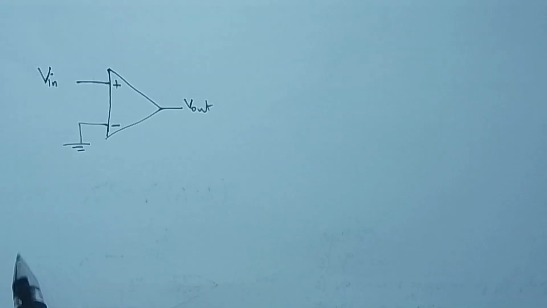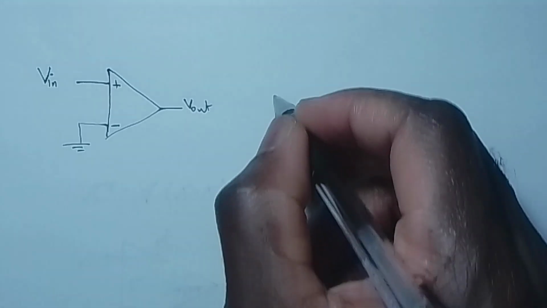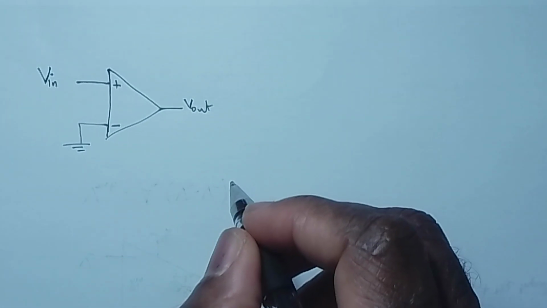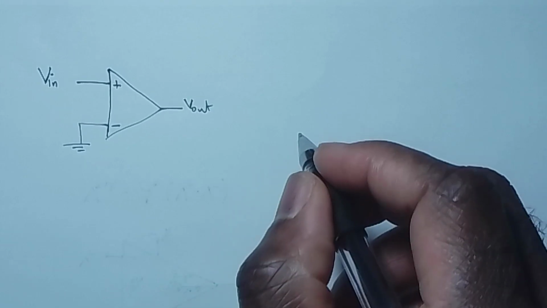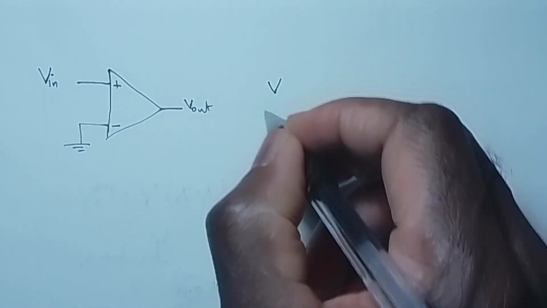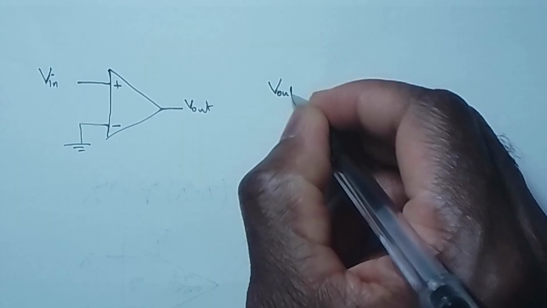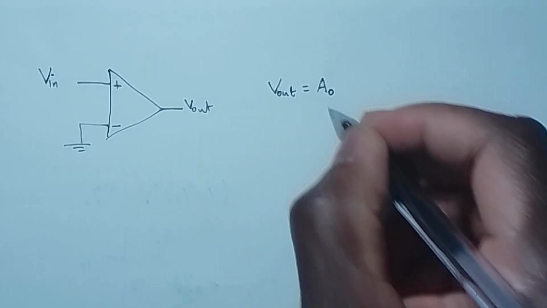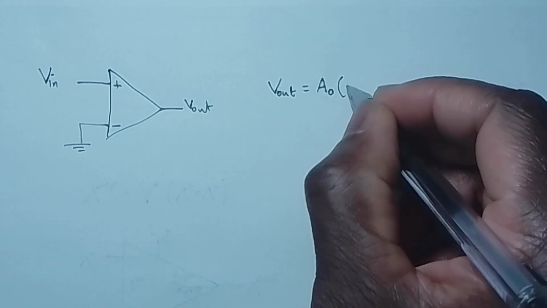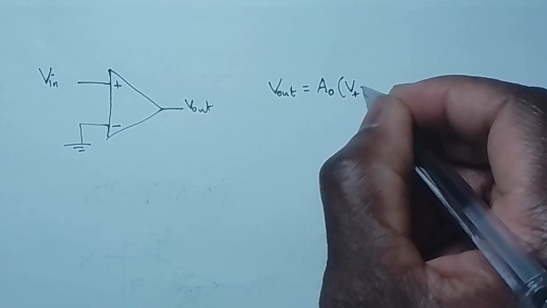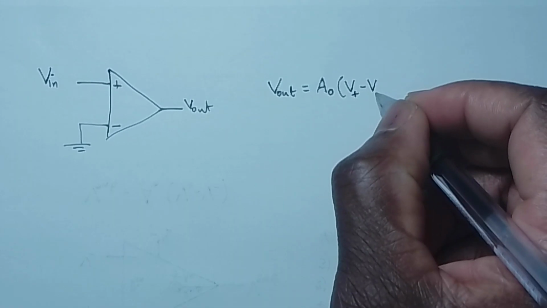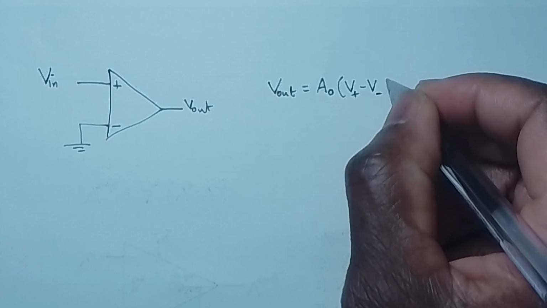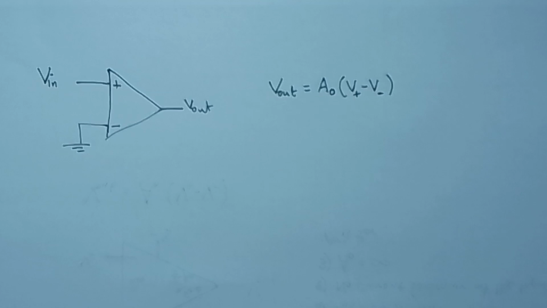We know that the open loop output voltage is equal to the open loop gain times the voltage difference at the input of the operational amplifier.